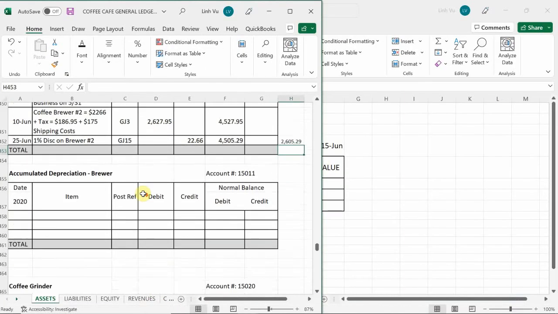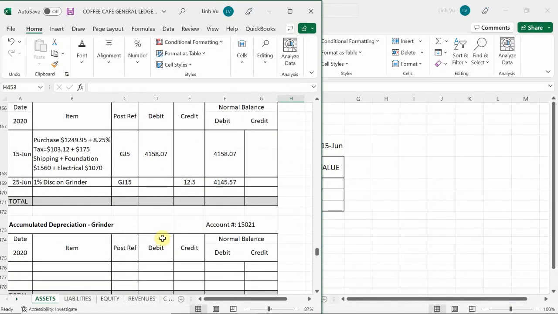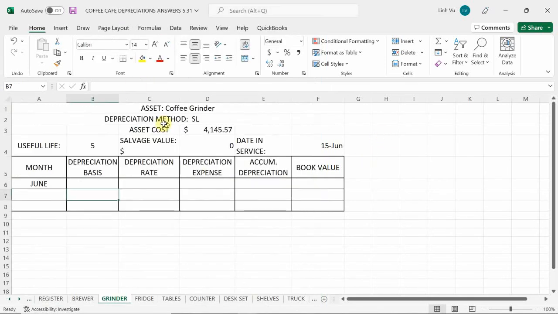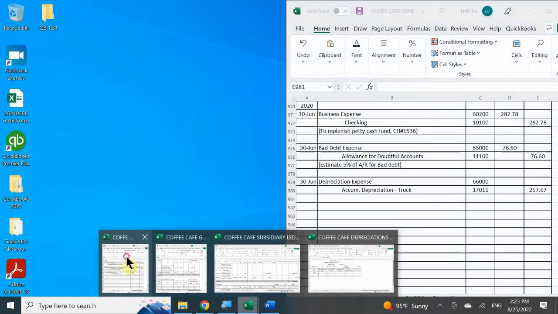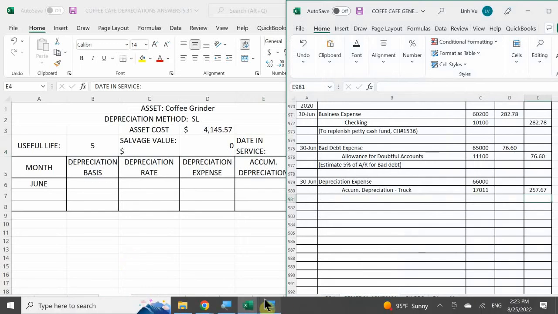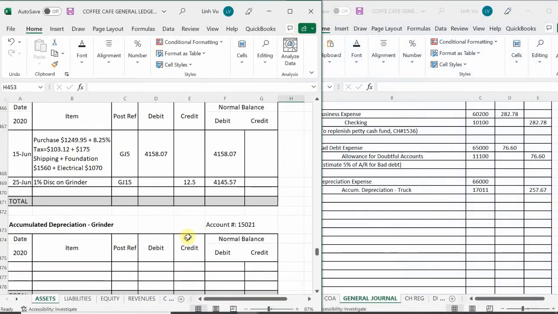My coffee grinder is currently at 4145.57. No salvage value, estimated useful life of 5 years, and when do we actually place it into service? I believe June 15th. Yep, June 15.